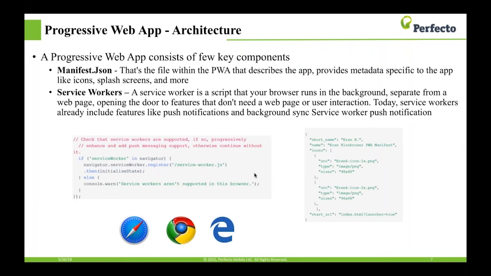So just to drill a bit down into what is progressive, we talked about the benefits. Basically, if you have a responsive web, it's not a slam dunk, but a progressive web app from an architecture perspective requires you to have at least the two following pillars. One of them is the manifest JSON file. This manifest, as you can see on the right hand here, is a descriptor file of your progressive web application.